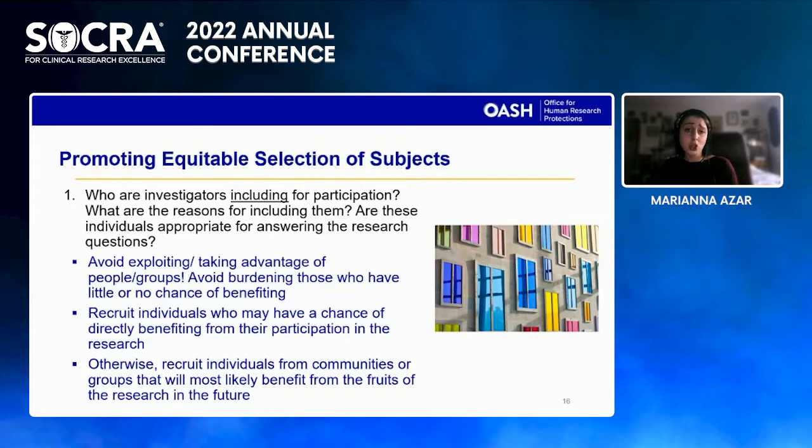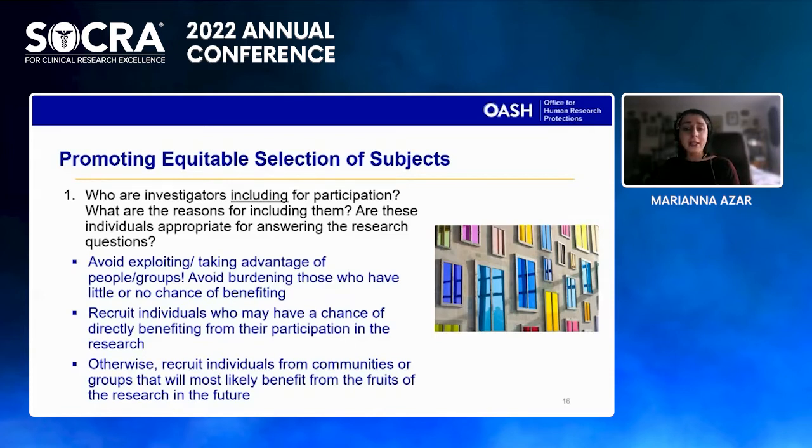Is this selected subject population appropriate for answering the particular research questions that the investigator aims to address? We can also ask if the proposed inclusion is simply a matter of convenience for the researchers. In other words, that the investigators happen to have access to this population, or the population happens to be around, is easy to reach, or they're unlikely to say no.